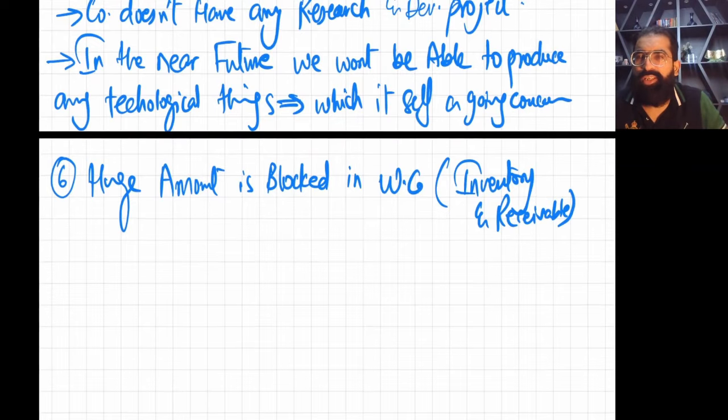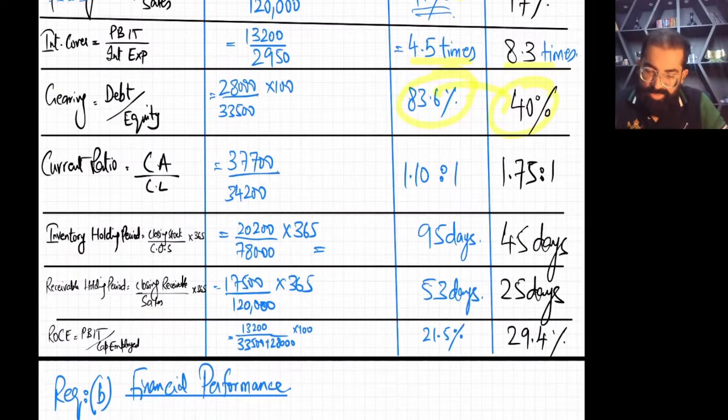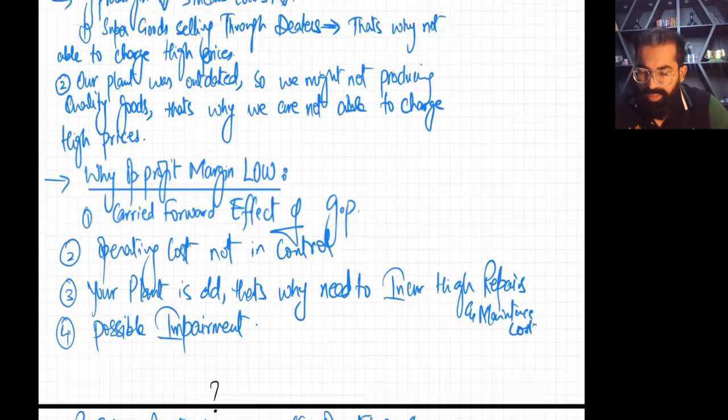The logic is high debtor days and high inventory days. See, this is the evidence. Your inventory days and your receivable holding period both are double of the industry. So that means you have invested a huge amount in inventory and receivables.